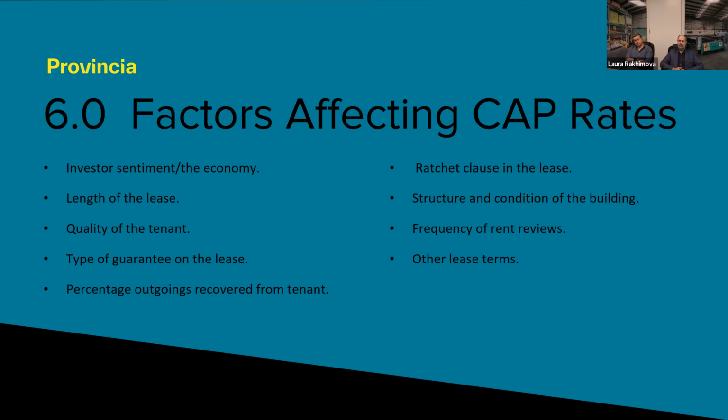And the other one is frequency of rent reviews. If you've got a lease that might only have 1 rent review on renewal, that's quite weak. Or 1 every 5 years, that's also quite weak. If you can get them 1 every 2 years with a hard ratchet, or if you can get rent reviews every year, that's annually. So you could maybe get a lease that has fixed rent reviews of 2% per annum.